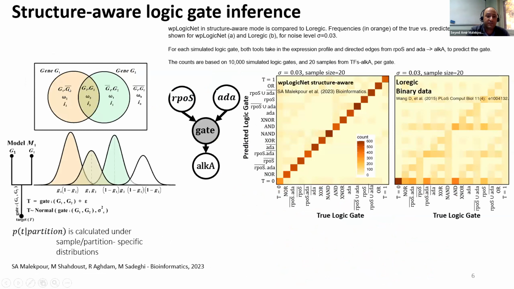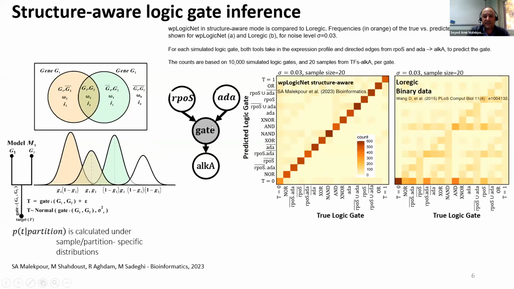We consider 4 different combinations of regulatory genes or TFs, for example, G1 and G2 in partition 3 can have an AND relationship, and this partition defines a normal distribution under which the target gene can be regulated, and using this distribution, we calculate the likelihood of the target gene under distinct combinations of input, and using Bayes' rule, we infer the Boolean logic.